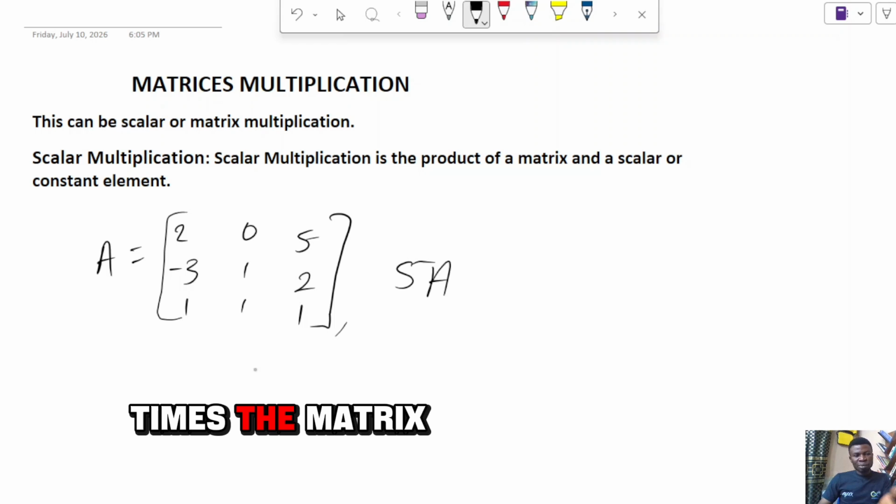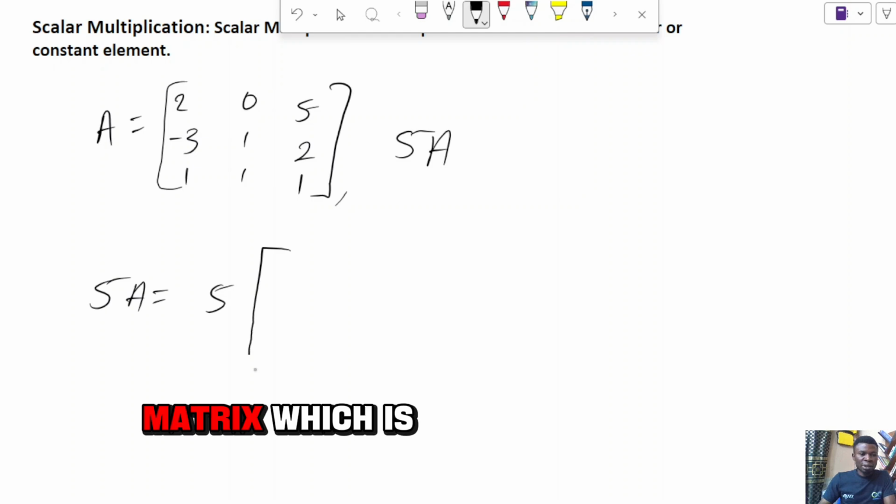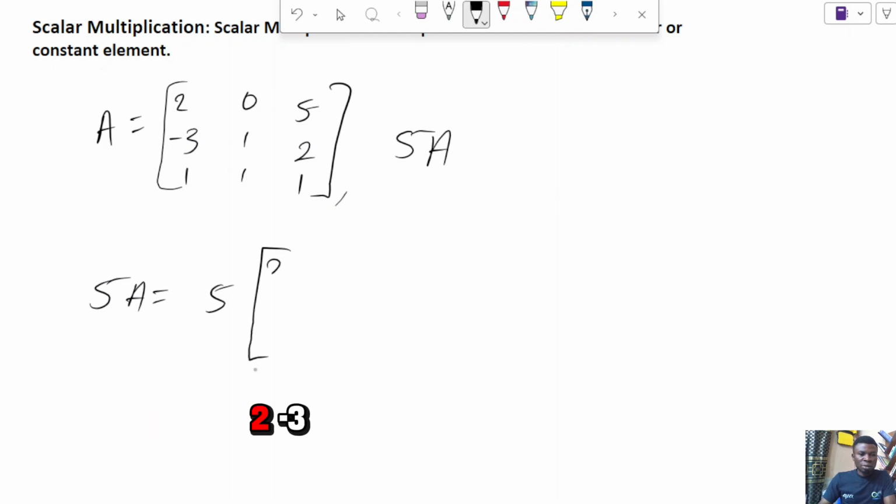That means 5 times the matrix A. So 5A will be equal to 5 multiplied by the matrix, which is 2, minus 3, 1, 0, 1, 1, 0, then 5, 2, and 1.